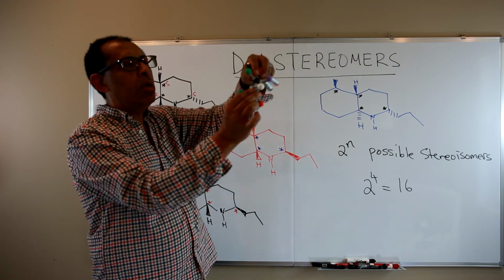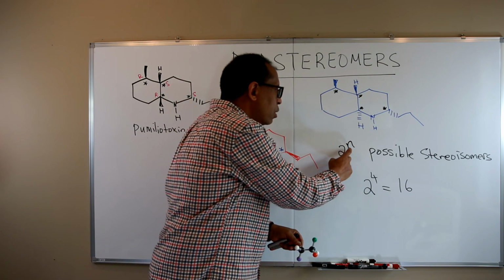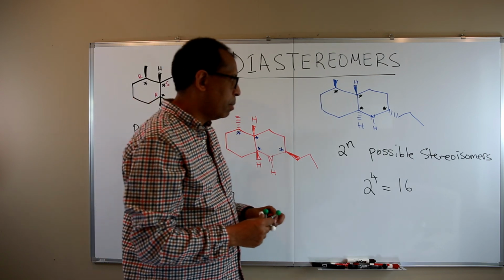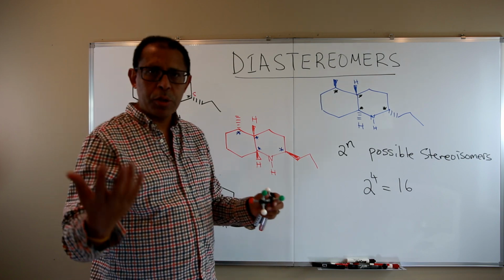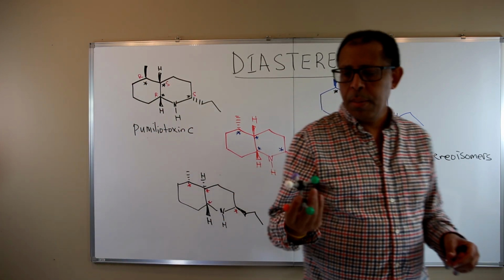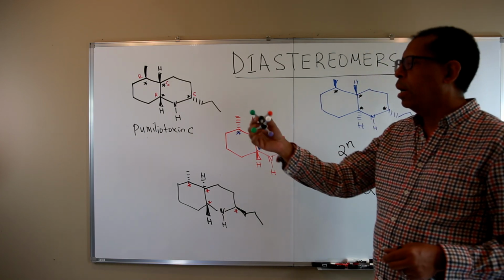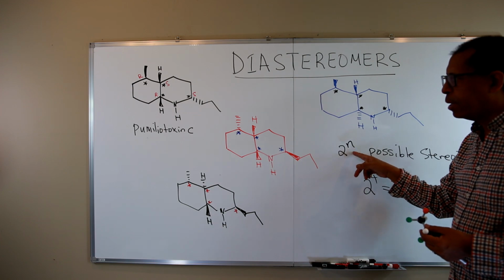In this case, 2 chiral centers, so 2 squared, 4 different diastereomers are possible.